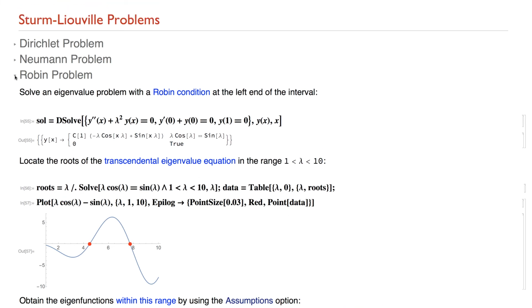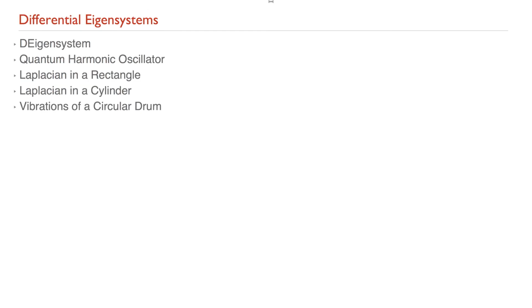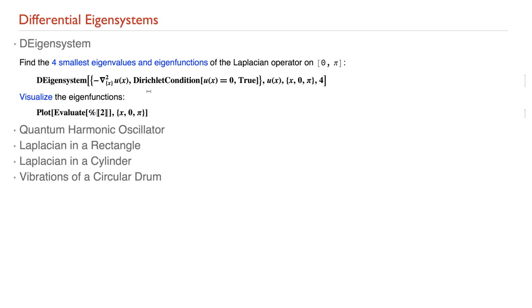So Sturm-Liouville problems, of course, are foundational, very important, but in practice, you really want to have only a few eigenvalues and eigenfunctions, and so we now talk about so-called differential eigensystems. And in fact, the DEigensystem function, which was introduced recently, does just that for you.